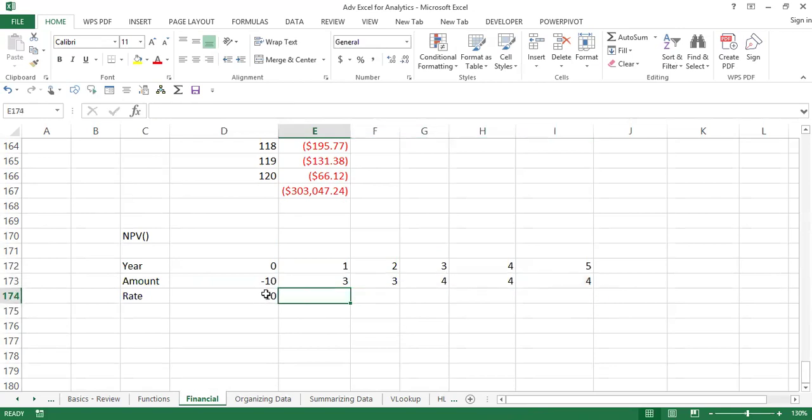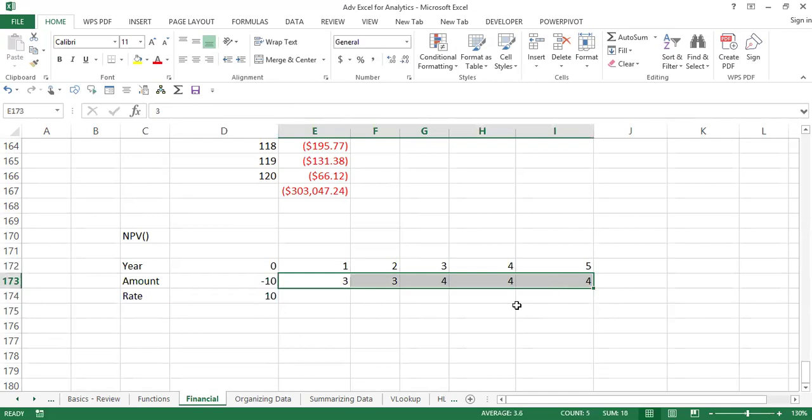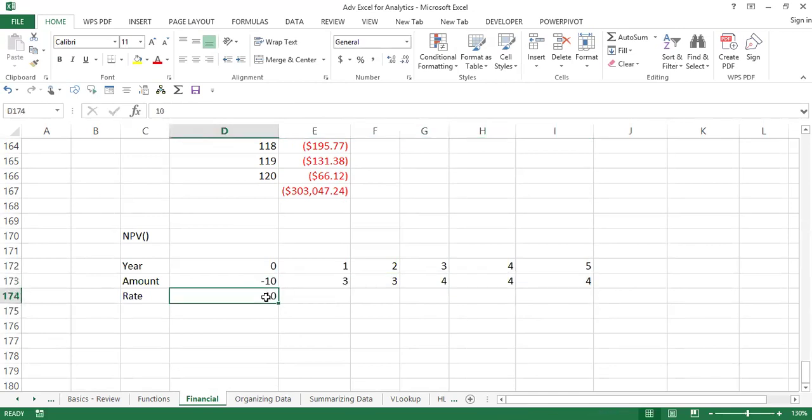But if you apply a discount rate of 10%, which may be for cost of capital and or inflation or stuff like that, anything that would make the value of money diminish. That's what they call the discount rate.